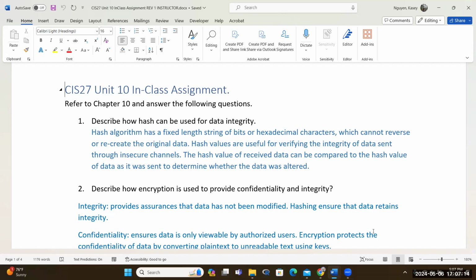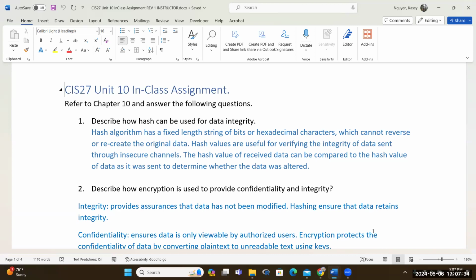And in a hash algorithm, ideally, it cannot be reversed or recreated from the original data. That's the whole point, right? That way, somebody cannot generate that same or a different value to represent that file.